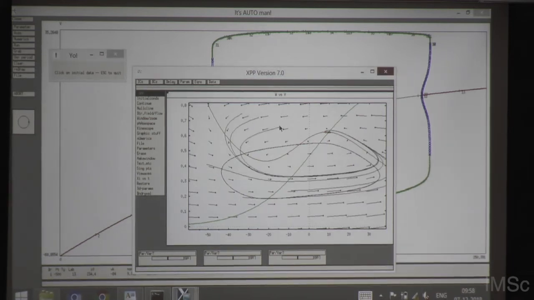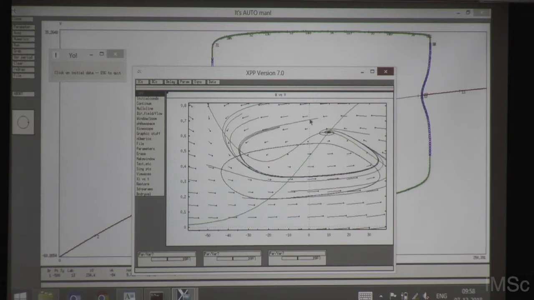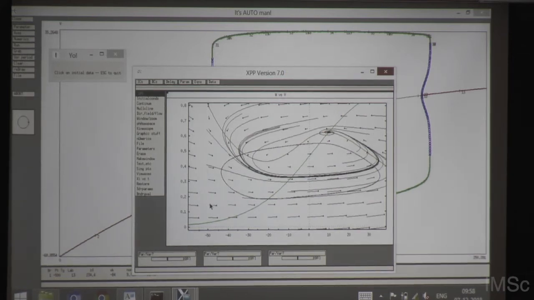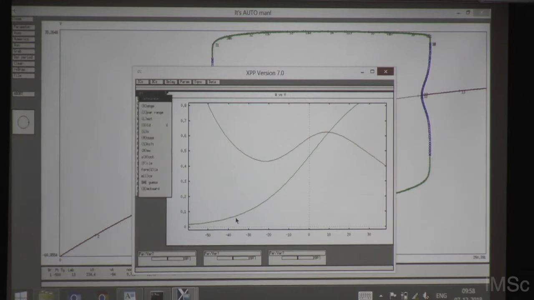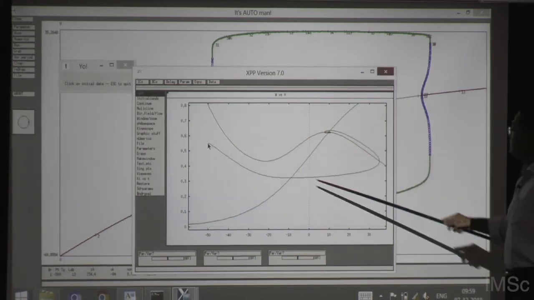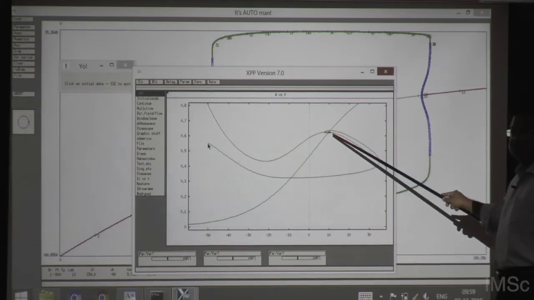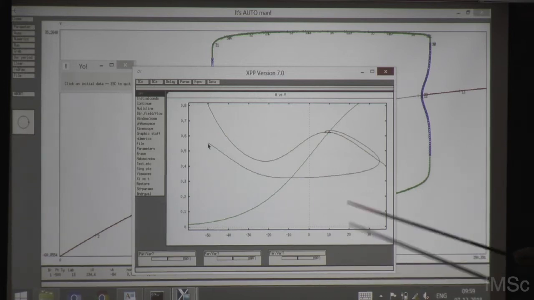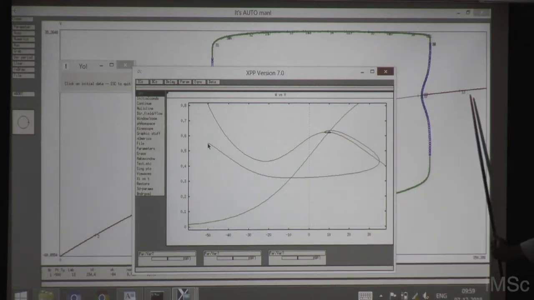If I look at all the trajectories started from various regions in phase space, you find that they're winding around, but they're all eventually decaying away. So this is actually a fixed point. The fixed point there and the fixed point here have different properties. They're both fixed points, but they have different properties.